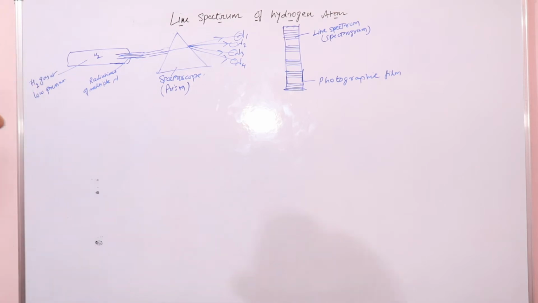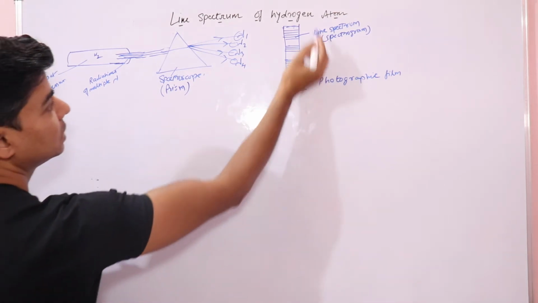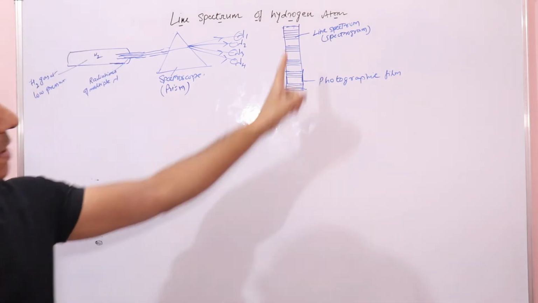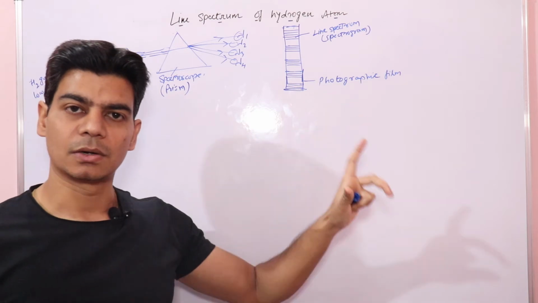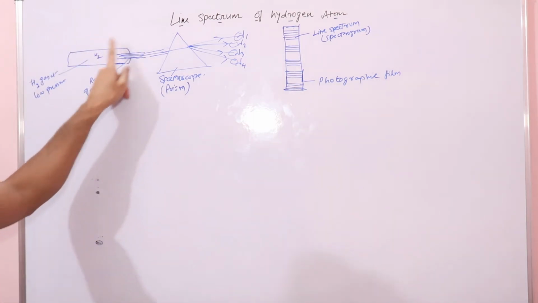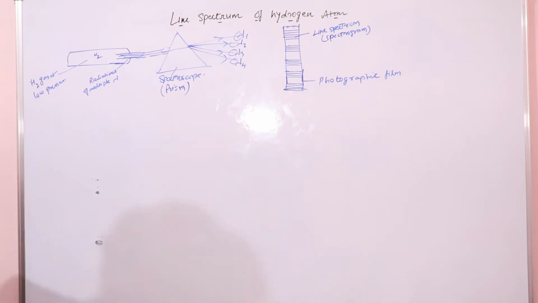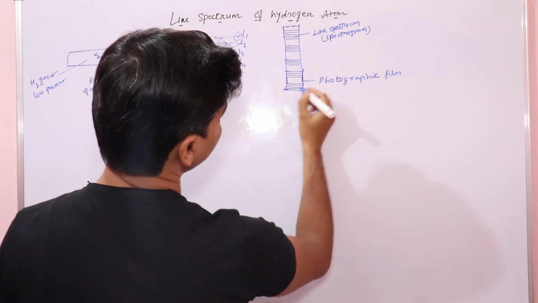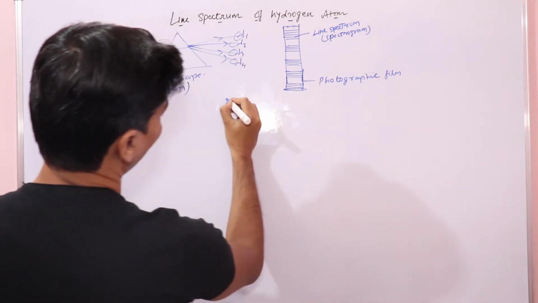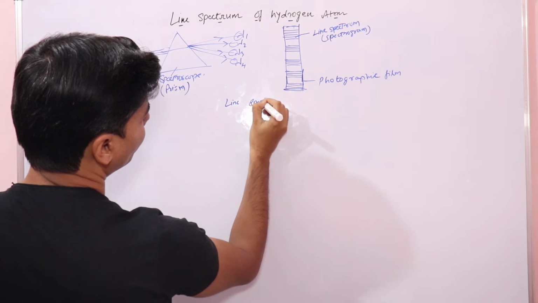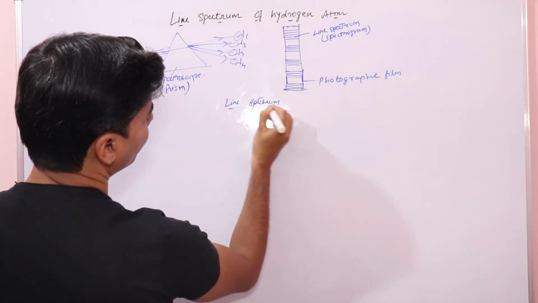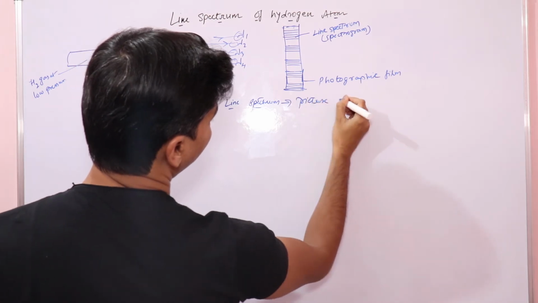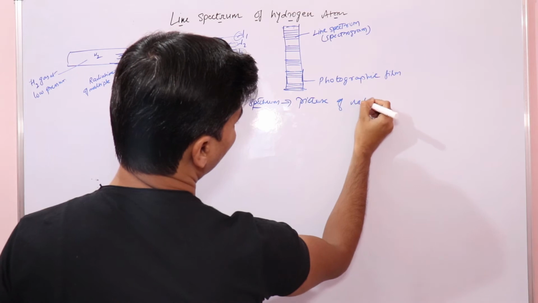Now, since this is a photographic film, this line spectrum is basically a picture or a photograph of the radiations that are coming out of this discharge tube. I'll just write it over here. This line spectrum is basically a picture of radiations.